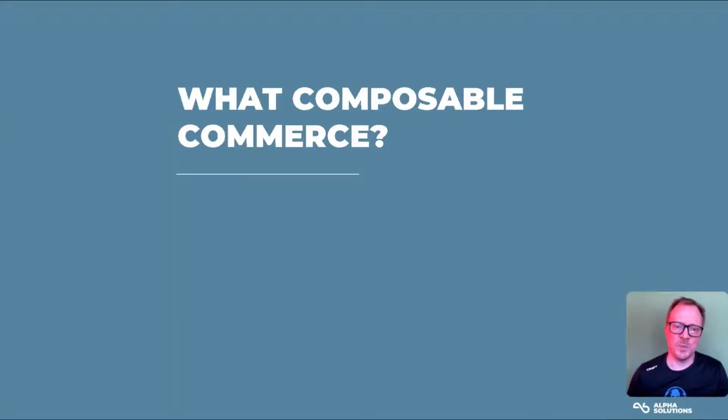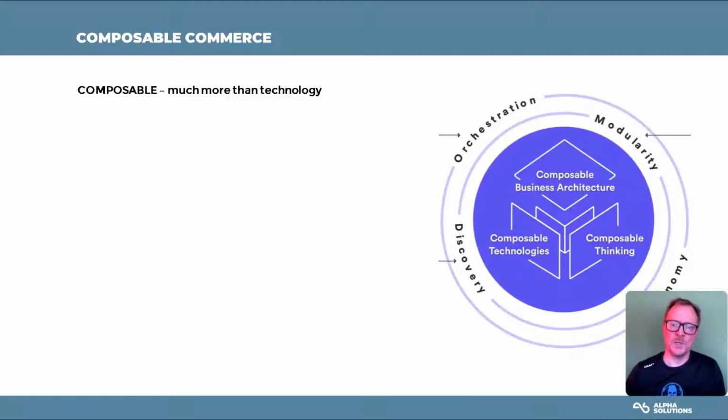So what is composable commerce? Actually, before I get into that, I want to take a step back and look at composability in general first. Composability, or composable, is just so much more than just technology. First, we have composable thinking. That is based on the idea that anything is basically composable.